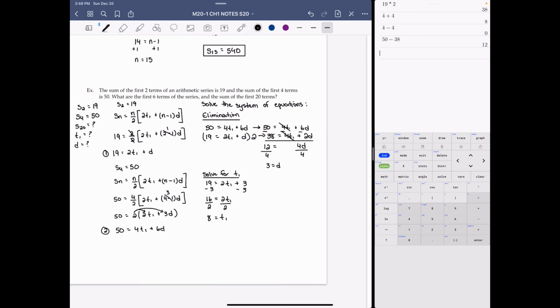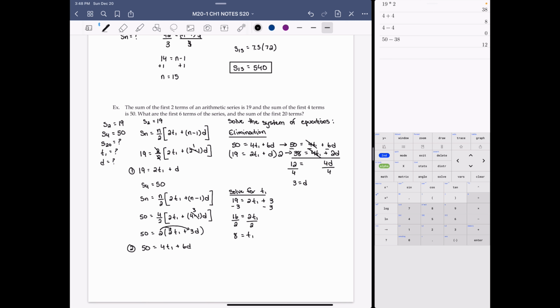Now that we have d and t1, we can determine the first 6 terms of the series, and then we can calculate the sum of the first 20 terms.